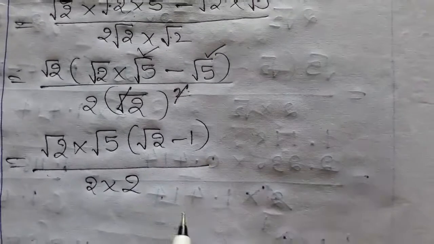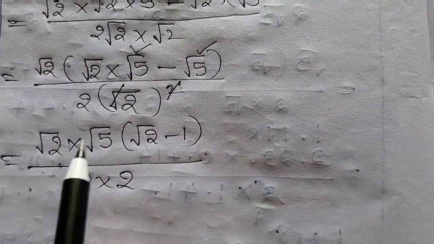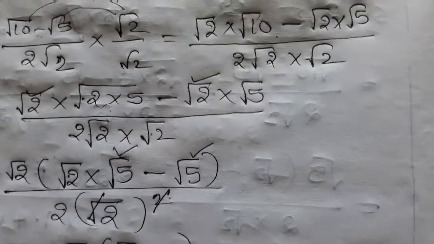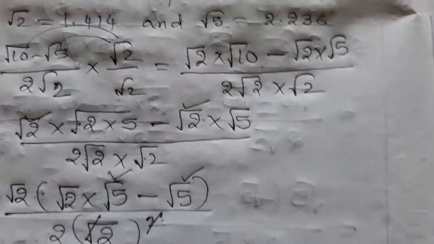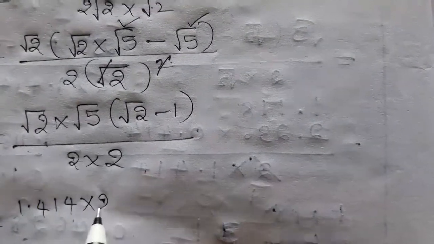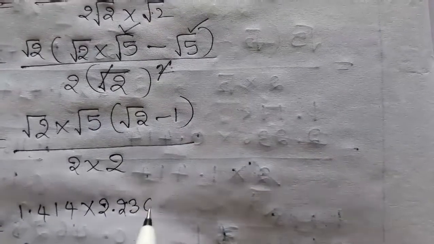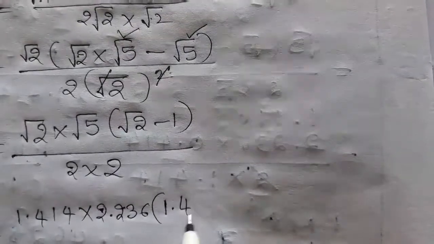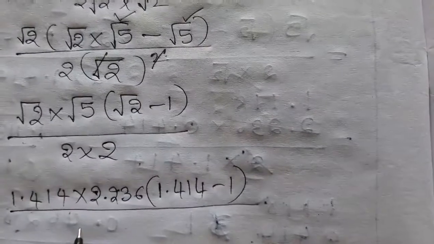Now using the values of root 2 and root 5: root 2 is 1.414, and root 5 is 2.236. That equals 1.414 into 2.236 into (root 2, which is 1.414, minus 1 by 2 into 2).